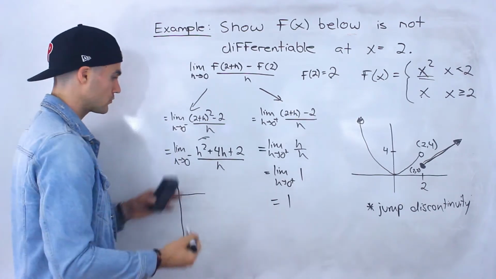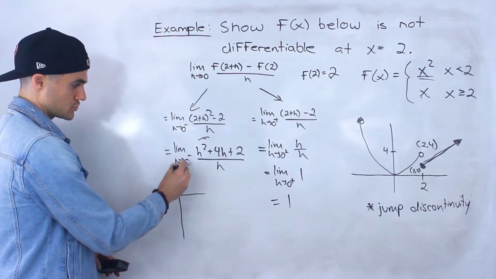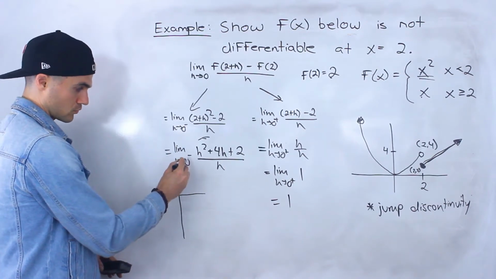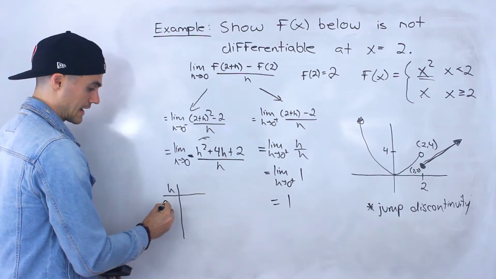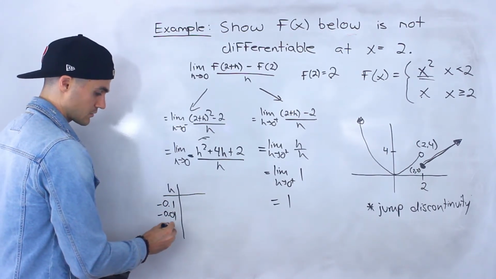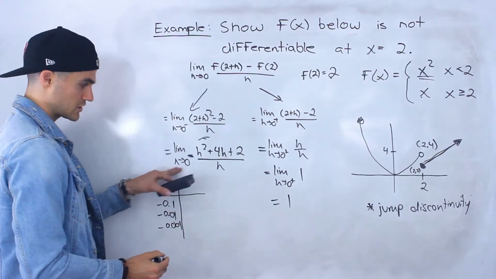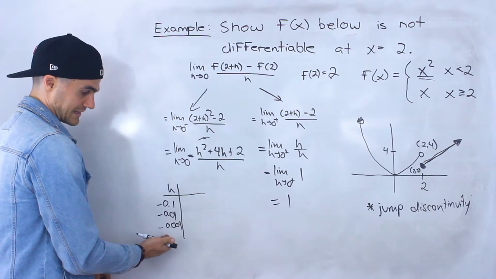So if you don't want to go through that whole process, just make a table of values. Just approach 0 from the negative side, so you try values like negative 0.1, negative 0.01, negative 0.001.